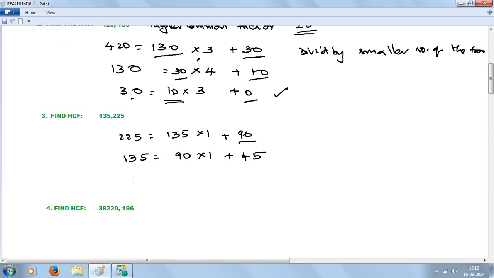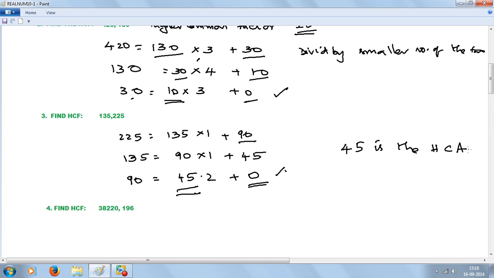So we take 90. 90 is equal to 45 multiplied by 2 plus 0. Remainder is 0. So 45 is the highest common factor.